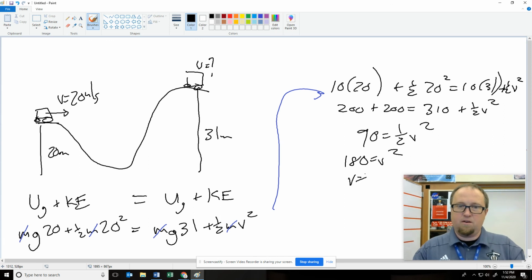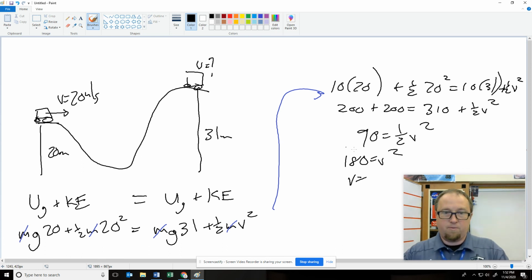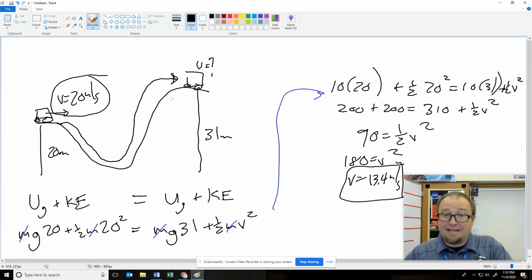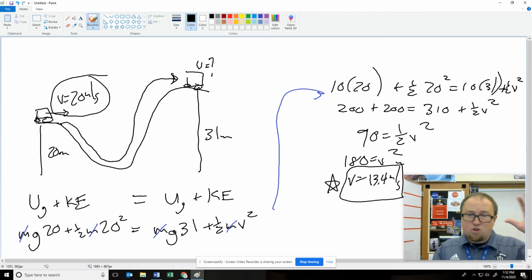So I get a v of square root of 180, 13.4. Now, you always have a checks and balance. You go, is that right? Well, watch this. It started at 20, it went down, sped up, and then went up, slowed down. Is it going to be going slower because it's higher? Yes, 13.4.